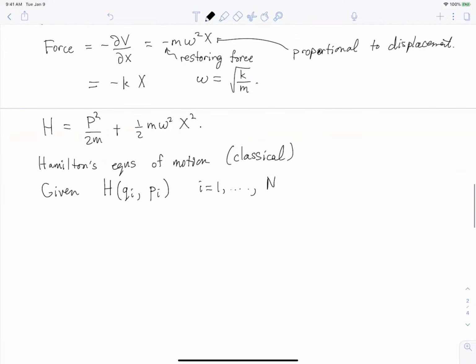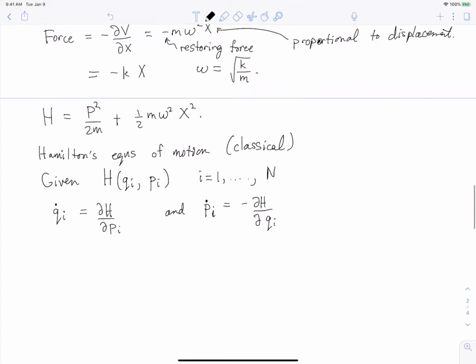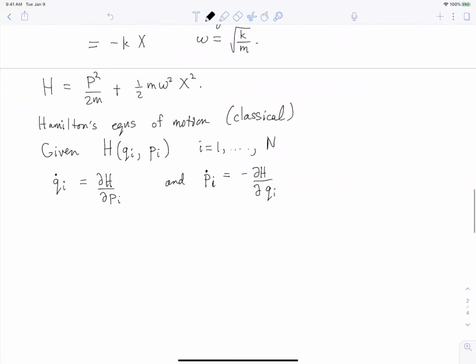The Hamiltonian equations of motion are that the time derivative of each q is equal to the partial derivative of the Hamiltonian with respect to the corresponding momentum. And the time derivative of each momentum, the dot being the time derivative, is equal to minus the derivative of the Hamiltonian with respect to the coordinate q sub i. Okay, so those are just general statements.